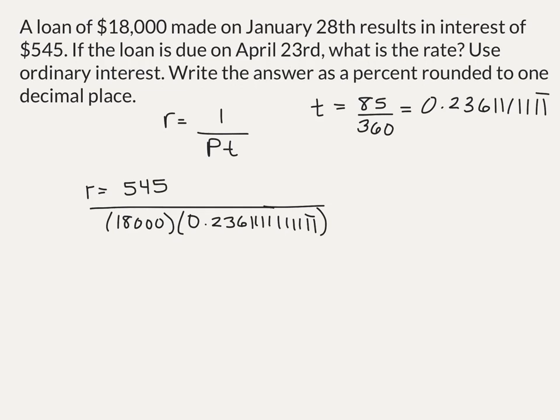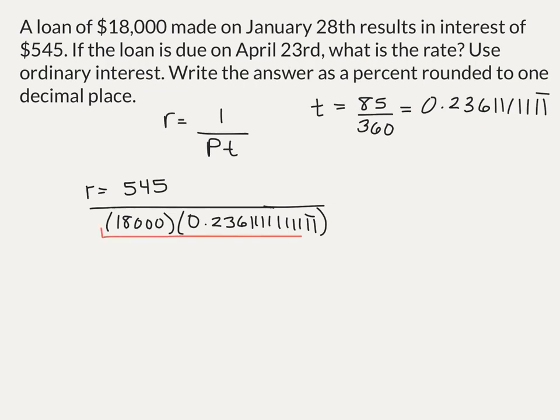Next, we'll take the values for I, P, and T and plug them into the formula for R. Now, before we did that, I took 85 and divided by 360 to get a decimal of 0.2361111 repeating. Next, I plugged in the values into the formula, and I got 545 divided by 18,000 times 0.2361111 repeating.